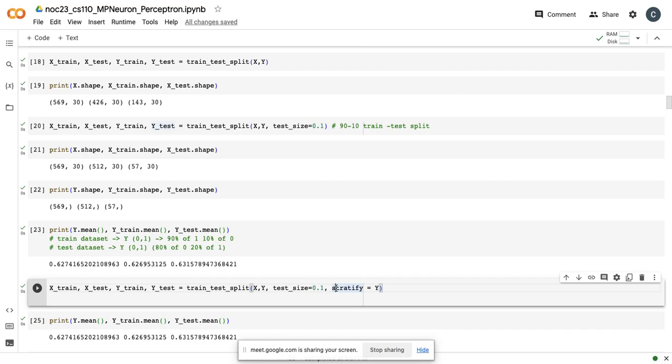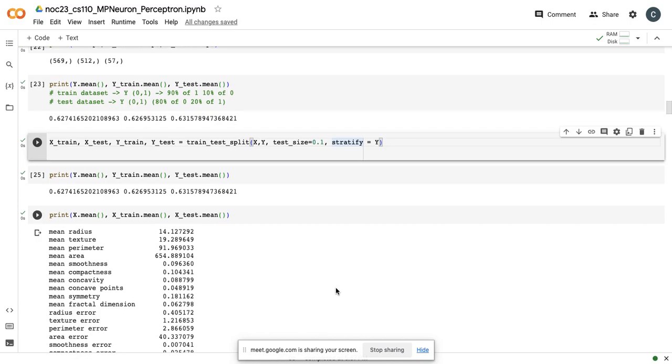So if we have divided the 0 and 1 classes in, say, 50-50 or 60-40 ratios, the number of samples present in training should be in the same ratio in the testing. So that's one major thing.